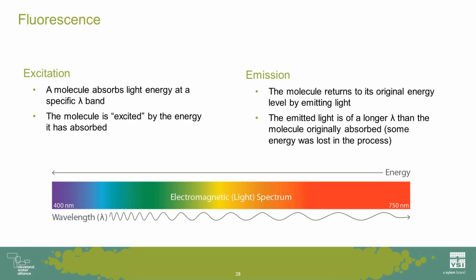When a fluorescent molecule absorbs light energy, we say that it is excited, and eventually it must return to its original energy state. There are three fates for that energy that it absorbed. Some of it is lost as heat, some might be passed on to another fluorescent molecule, as we will see in a moment, and some is released as light of a longer wavelength, which is, again, of a lower energy.